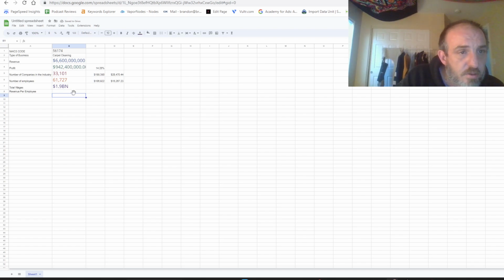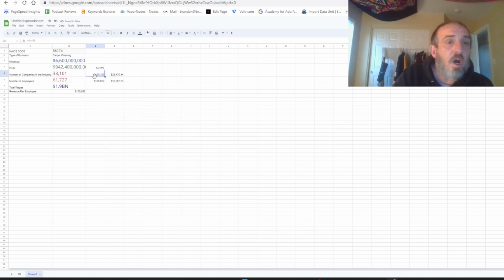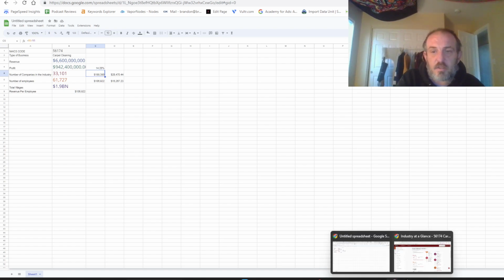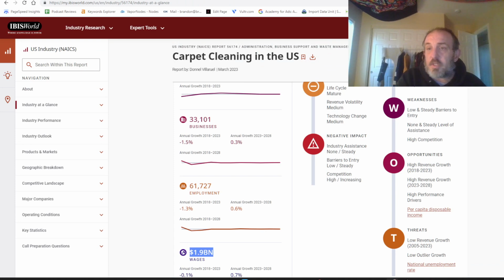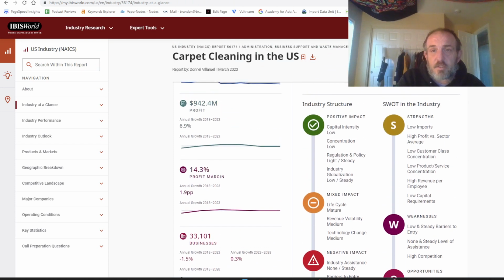Revenue per employee, I already did. That's that divided by that. So yeah, that's what I look for on that page. There is other stuff. It has SWOT.